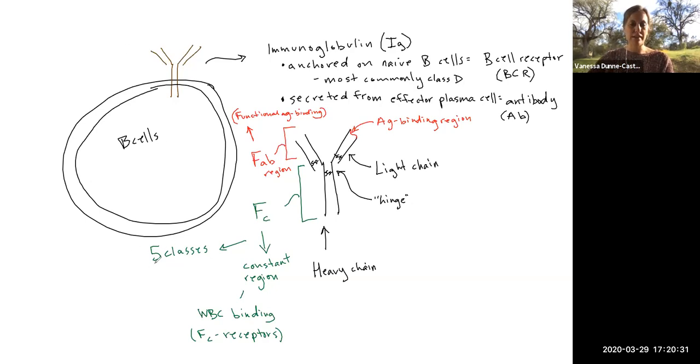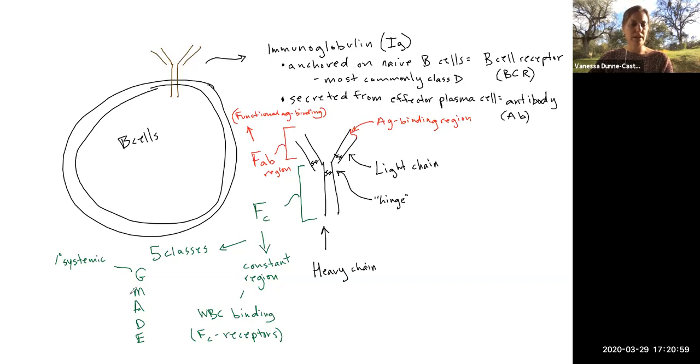So the 5 classes, this is where we have the ones you've heard of before: class G, class M, class A, class D that I've mentioned already, and class E. Just super briefly, IgG is primarily responsible for systemic responses. That means something in circulation, in your blood, in your tissues.